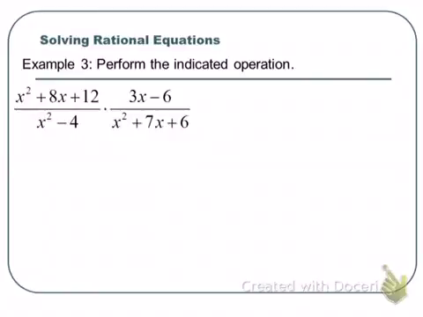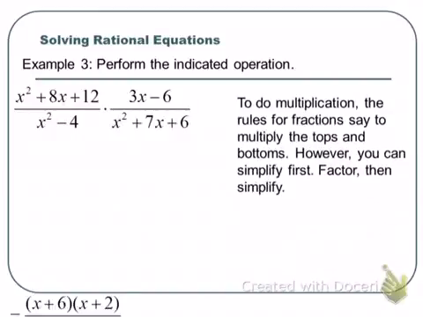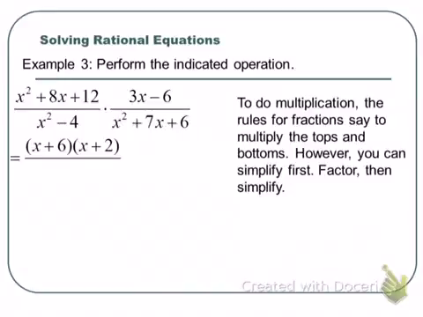Okay, so we're good. What do we get when we factor x squared plus 8x plus 12? x plus 6 times x plus 2. All right. What about the next term there? 3x minus 6. What's that going to be? 3 times x minus 2.